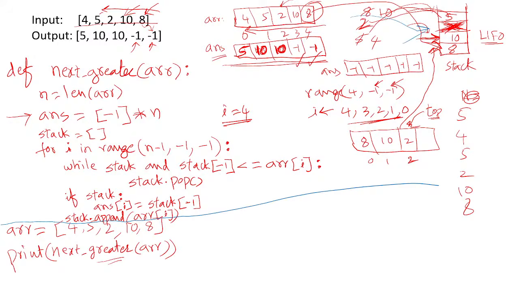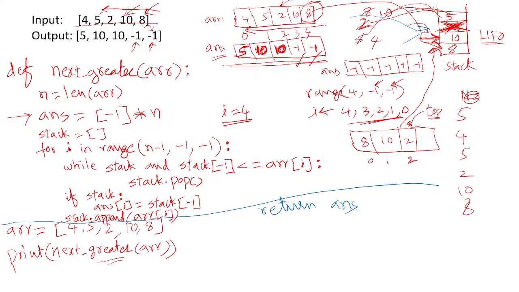Then finally it returns the new array. That array you should return. So after this code, you should say return the answer array. When you return the answer array, it comes here and it gets printed. So this is how you should convert the logic into code.